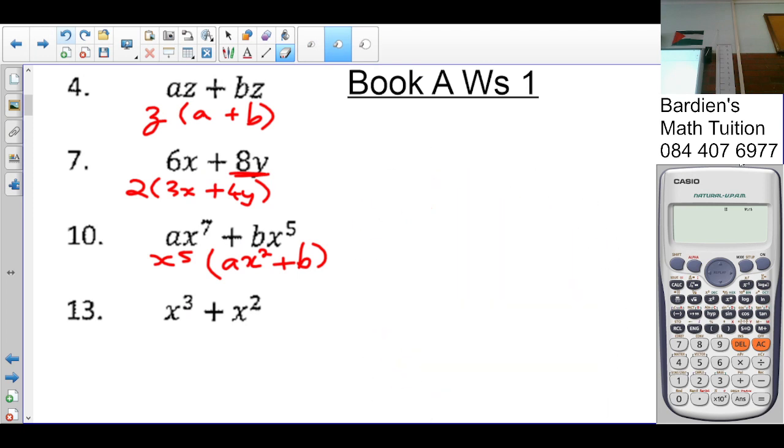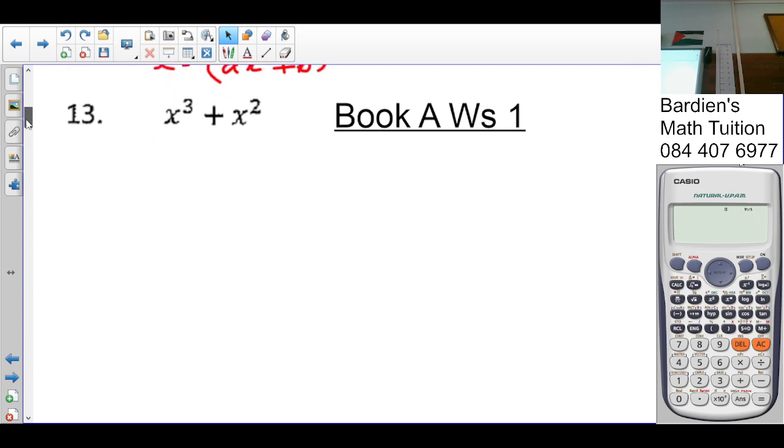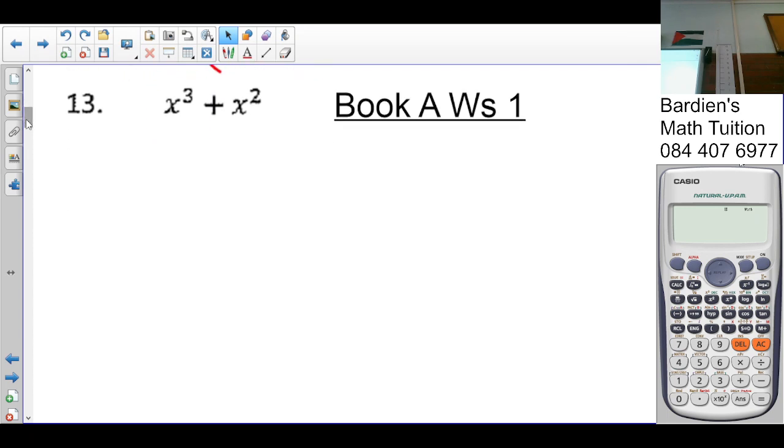Let's look at number 13. We got x cubed plus x squared. What is common here? X squared. Okay? So we say x cubed divided by x squared. X cubed divided by x squared is?